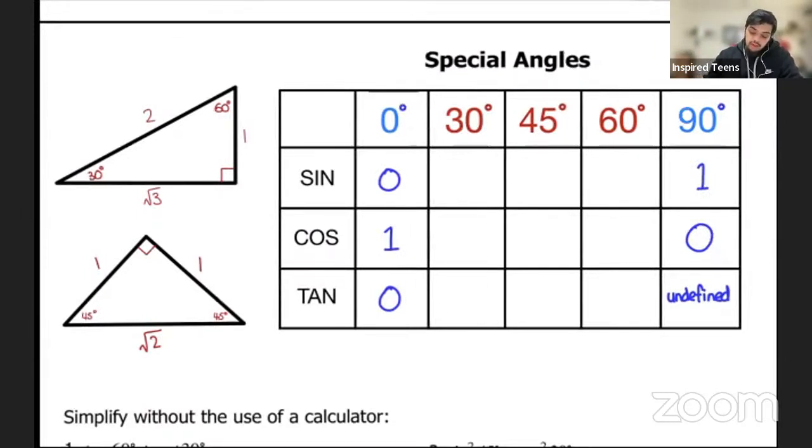Then for sine 30, we can turn to this triangle here. Sine 30 is opposite over hypotenuse, so sine 30 becomes 1 over 2. Then we have sine 45. We go to this triangle, 45, opposite over hypotenuse, which is 1 over root 2.